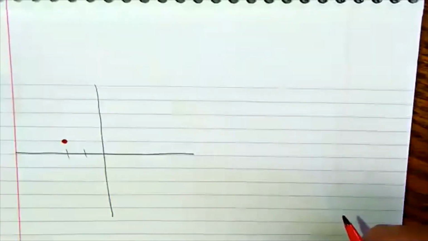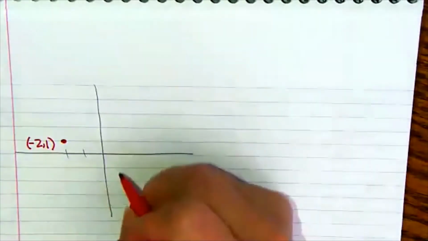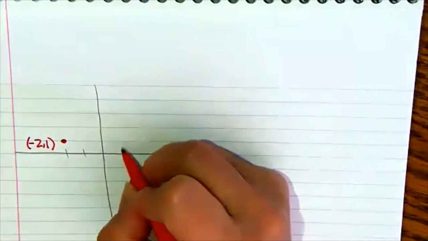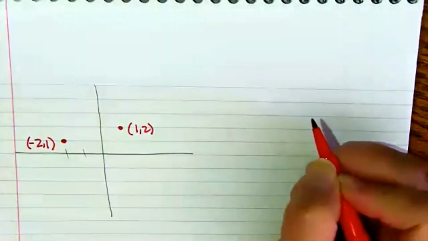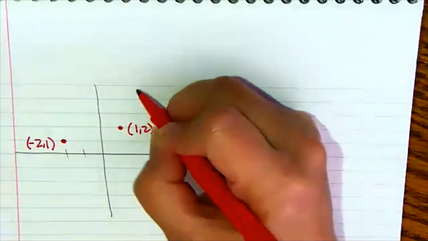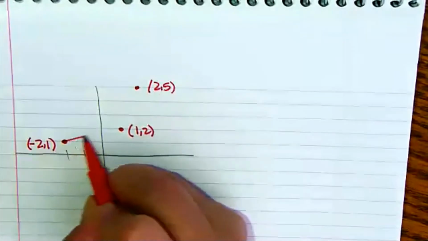So we have this point, which is (-2, 1). Then we have this point, which is (1, 2). And then 1, 2, 3, 4, 5. We've got this point, which is (2, 5).